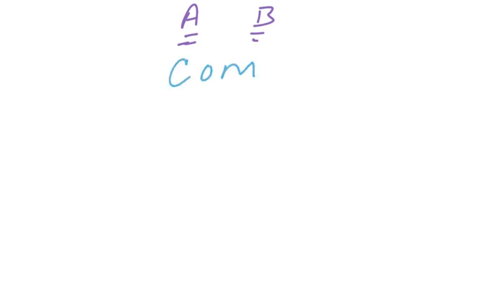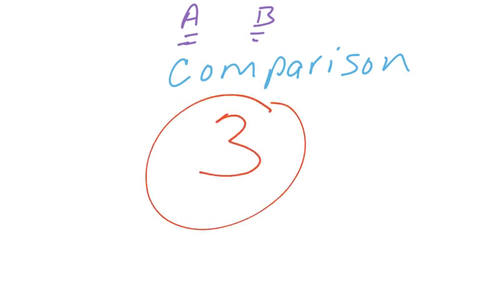Whenever we place 2 things side by side, A and B, this is one way of looking at comparison arguments. So when we place A and B next to each other, we then yield 3 possibilities for this juxtaposition.